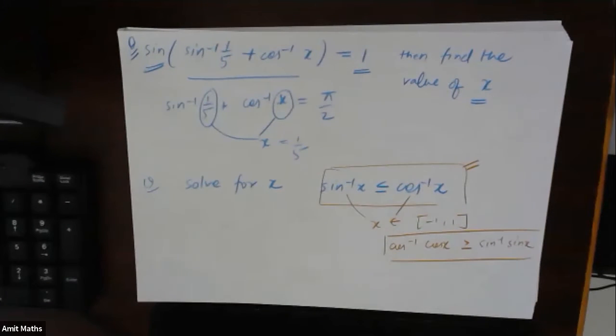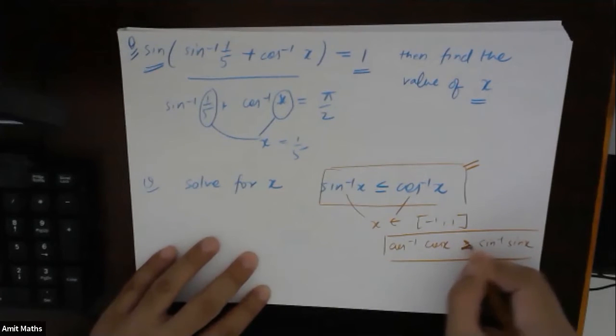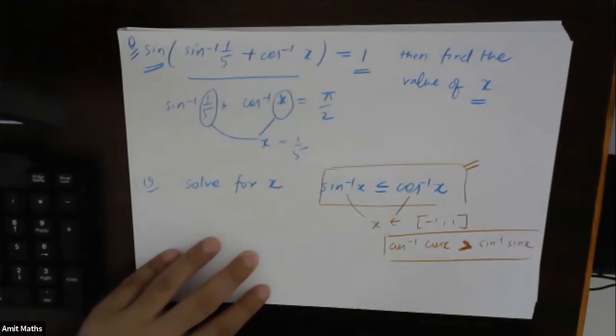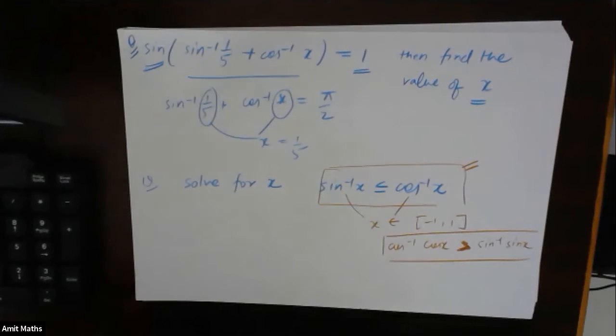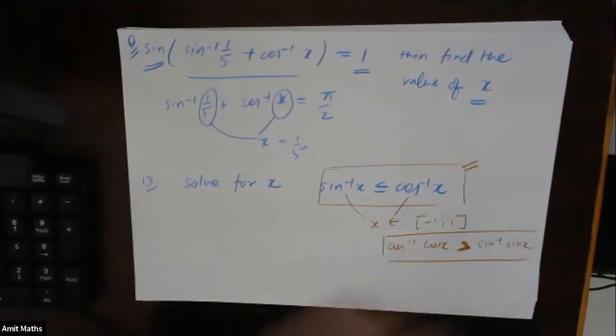When we plotted both graphs, wherever one graph is completely above, that is the answer. Now, for this one also we can do the same thing. We know the graph of sine inverse of x, we know the graph of cos inverse of x. They will intersect at some point, and wherever sine inverse of x is less, that will be the answer, right?